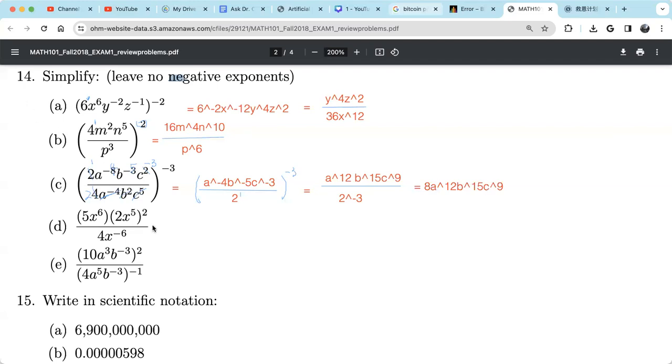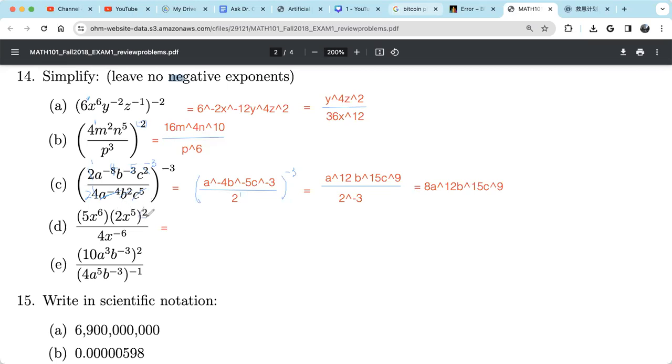Now let's see D. D, we see we have, let's combine the same base. So 2 squared, right?